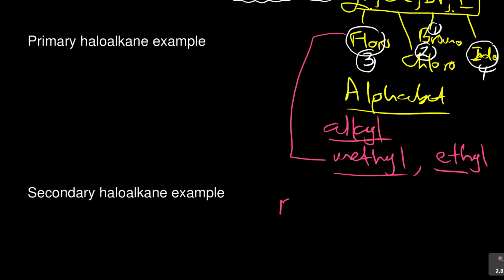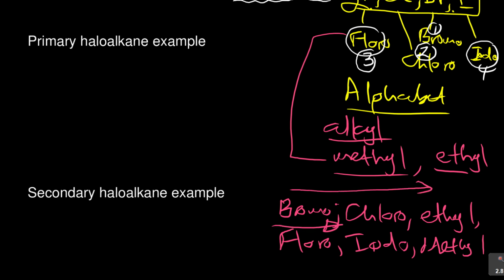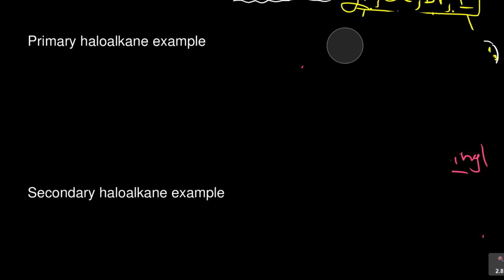You start with bromo, then chloro, then ethyl, then fluoro, then iodo, and after that methyl. You see this order, so you are moving in this order, guys. Don't forget that. I just wanted to lay out this information: follow the alphabetical order when they are all appearing in an organic molecule.